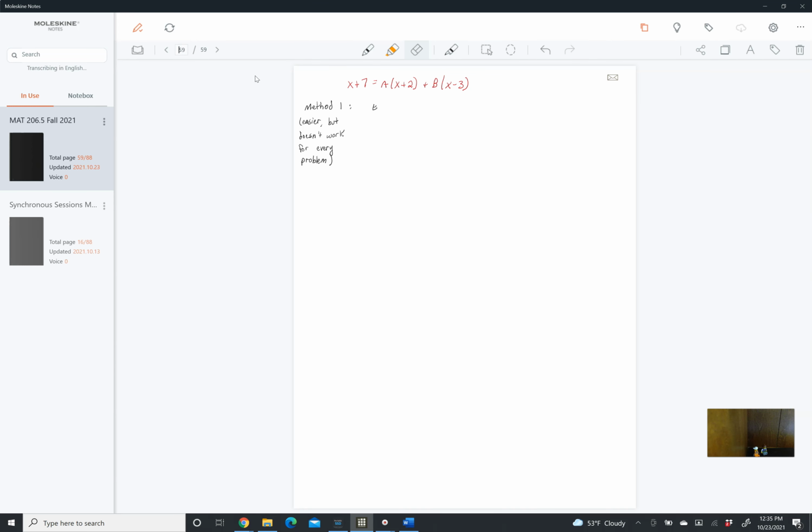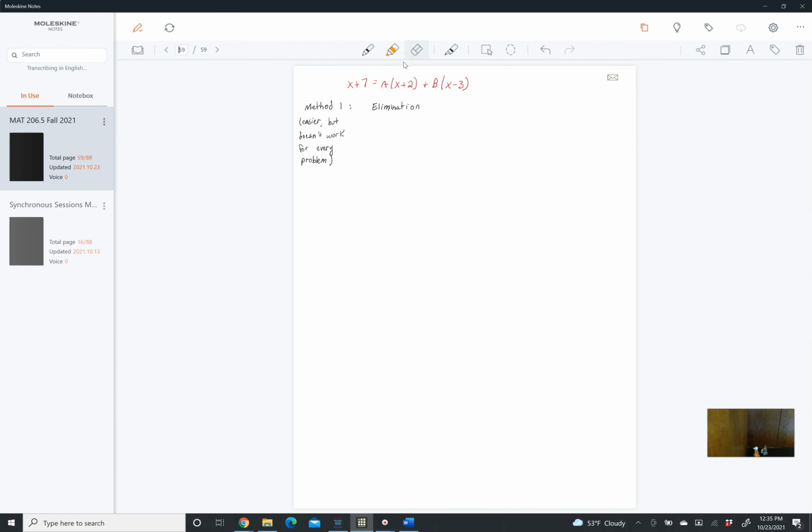Okay, this first one we'll call elimination. The reason why we're calling it that is because we are eliminating constants in order to find what's left over.